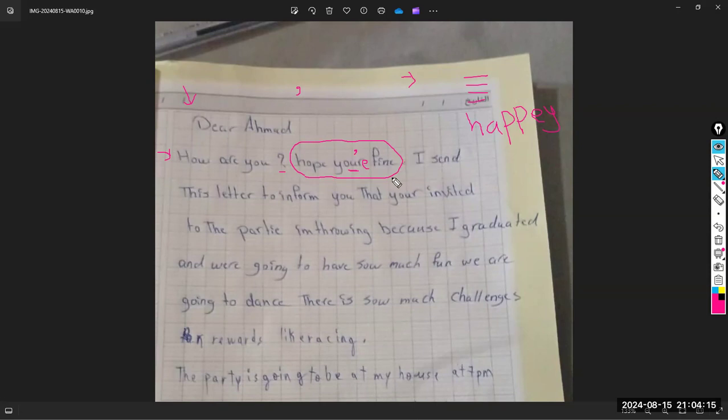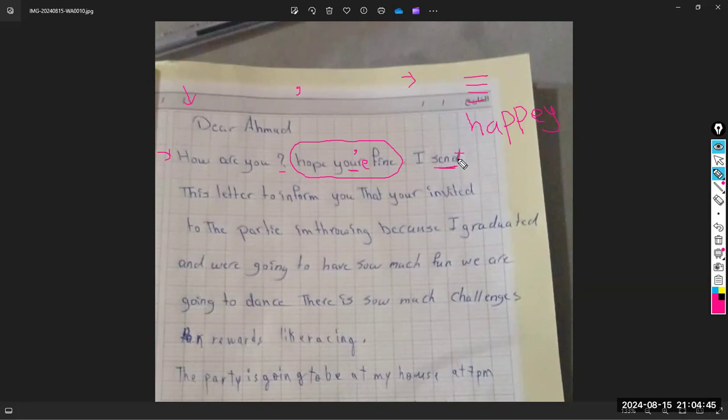Full stop. I send this letter to inform you that you're invited. Okay, Ali, can you hear me? Yes, doctor. Okay, you have to say I sent or I'm sending this letter to inform you. Don't use the simple present about something maybe you did before or you do right now. Don't say, guys, I send.